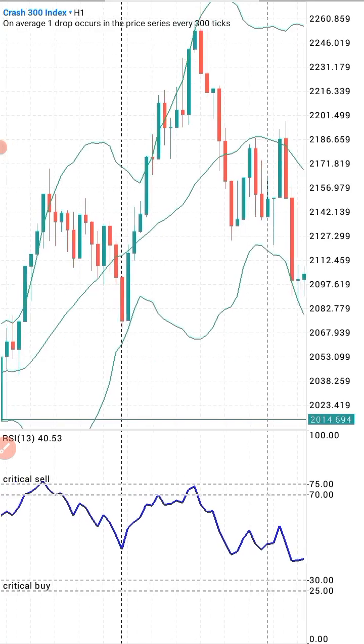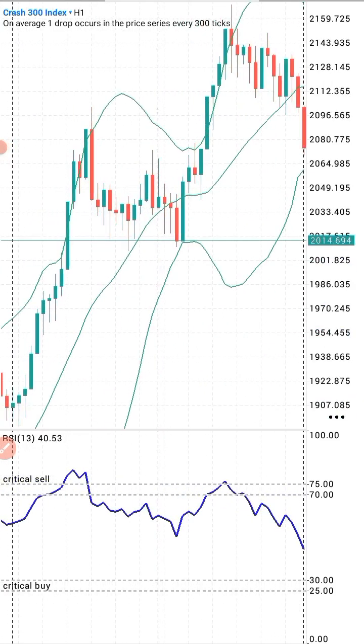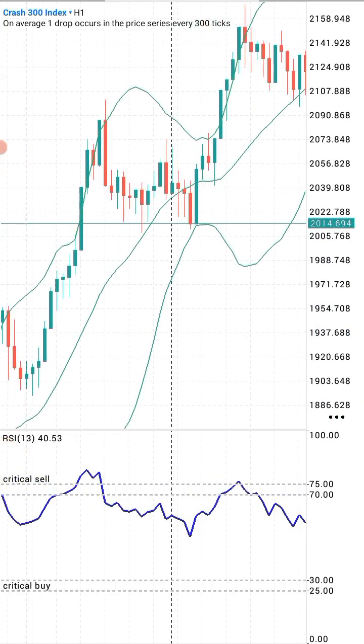It means that no matter what, price will reverse. You see it. Look here. Definitely, that will be a reversal.